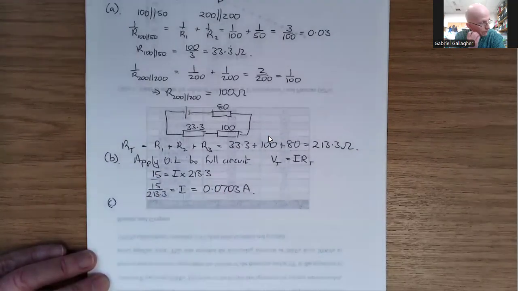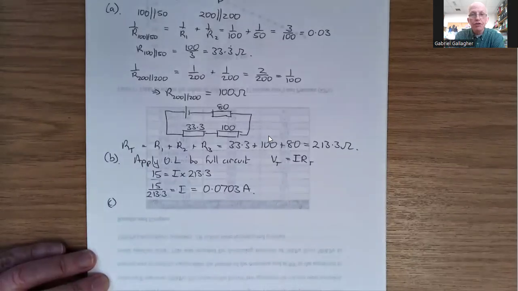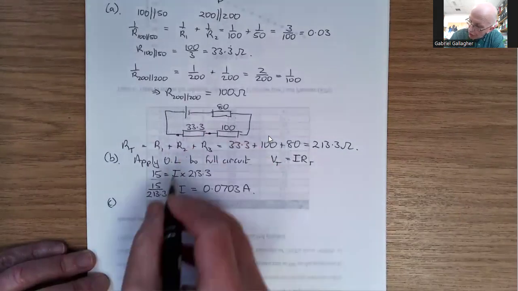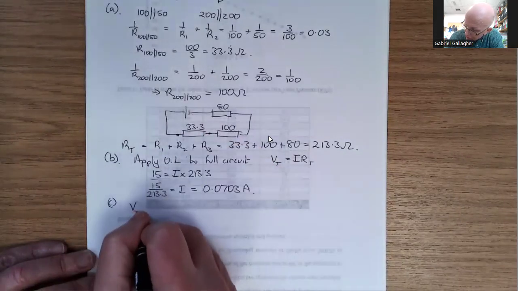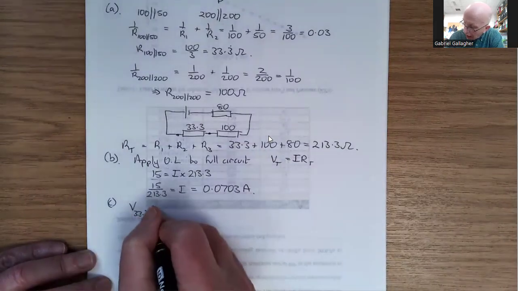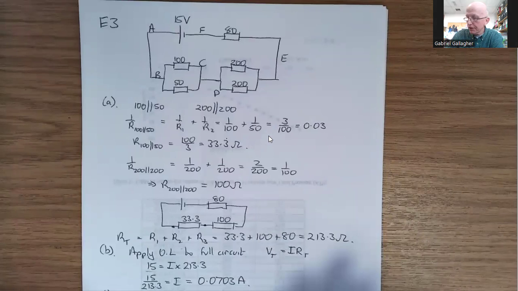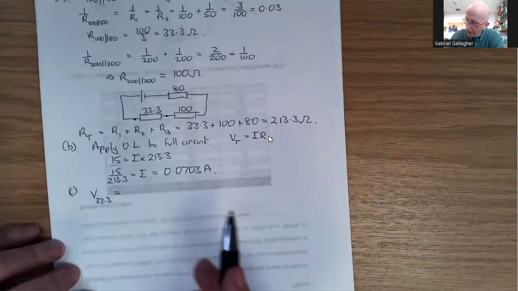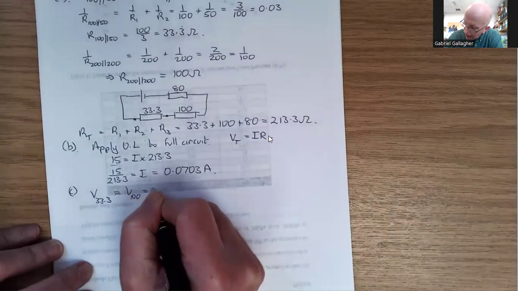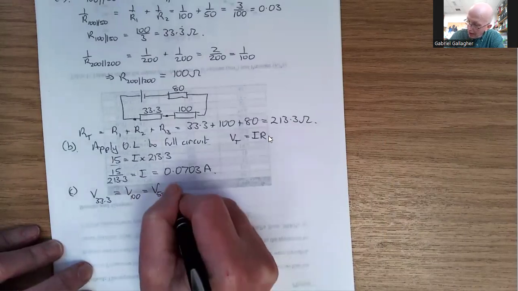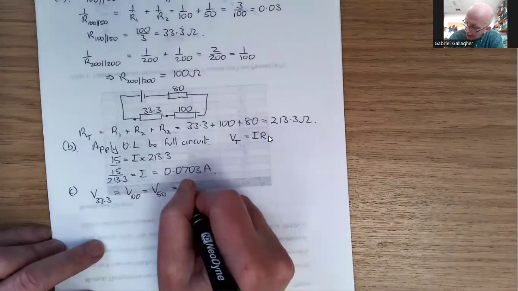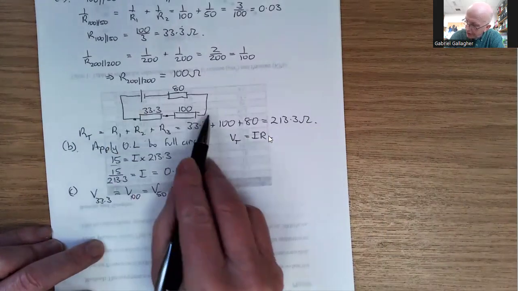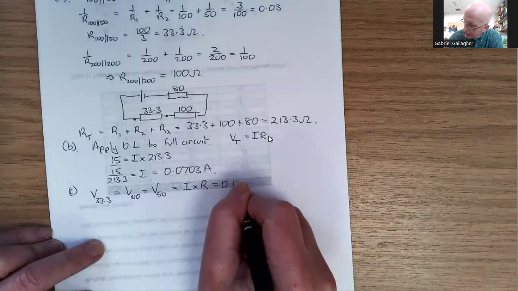Moving on, now we want to know the potential difference across each resistor. We start with the 33.3 ohm resistor. The potential difference across it is the potential difference across the 100 resistor, which equals V50. So we just apply Ohm's law: V equals I times R. The current flowing in this circuit is 0.0703.